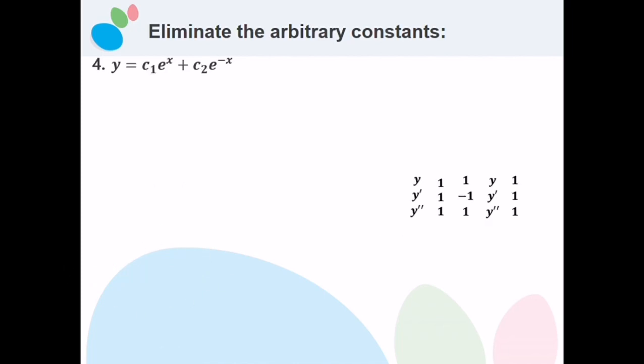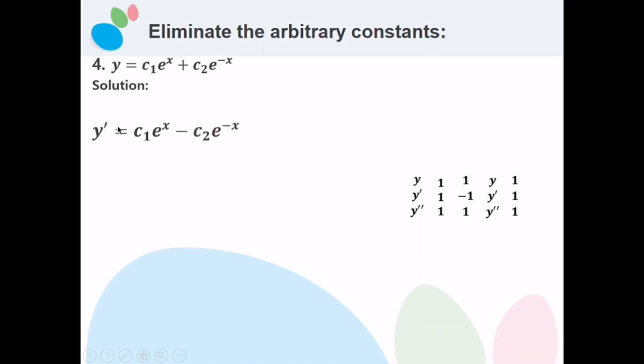Y equals c sub 1 e raised to x plus c sub 2 e raised to negative x. We all know that we have two arbitrary constants. That is why we're going to derive these equations twice.